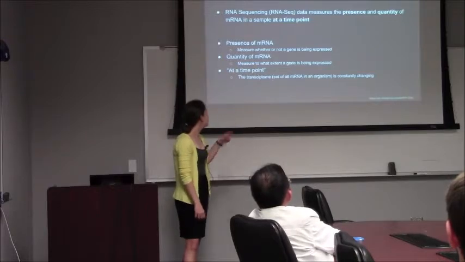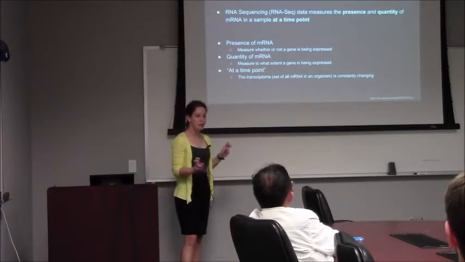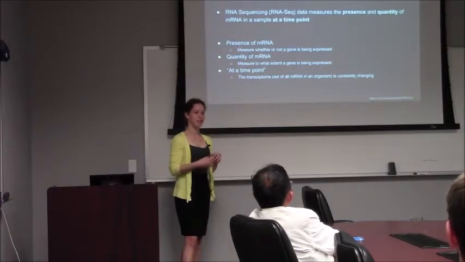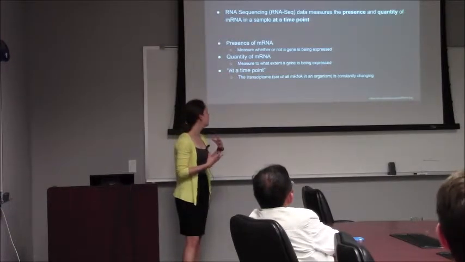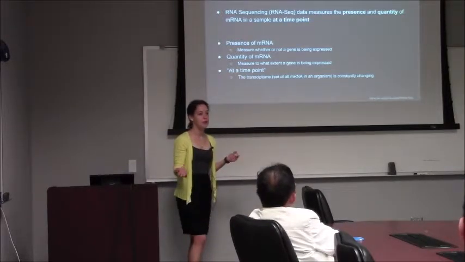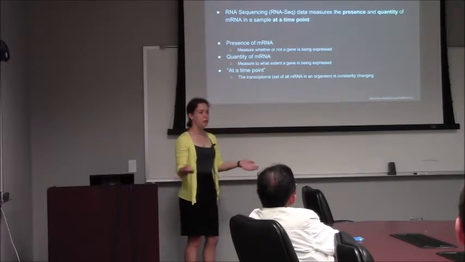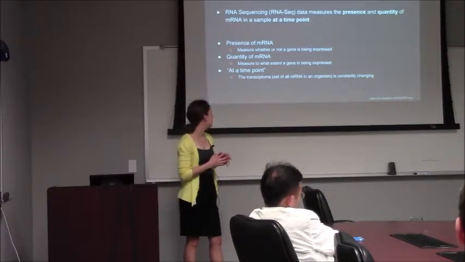These two things are important because then you can do a differential gene expression analysis, which is fancy talk for I just want to compare the quantity or the presence between two different groups. So I have a quantitative measure, then you can compare it and do statistical analyses on that.